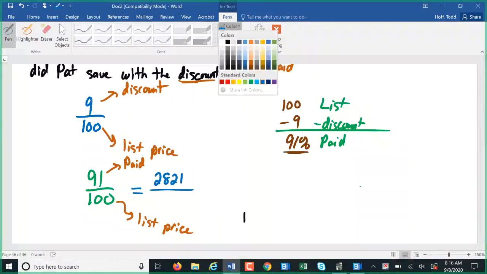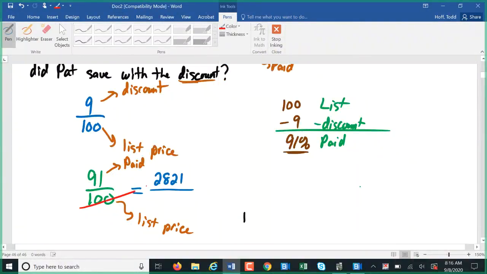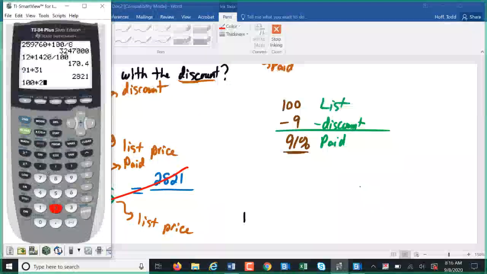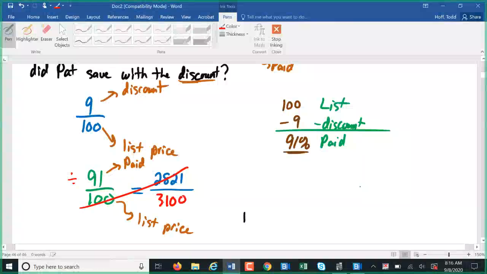And now to find the list price, we'll cross multiply and divide. 100 times 2821 divided by 91. Is $3,100. So the list price was $3,100.